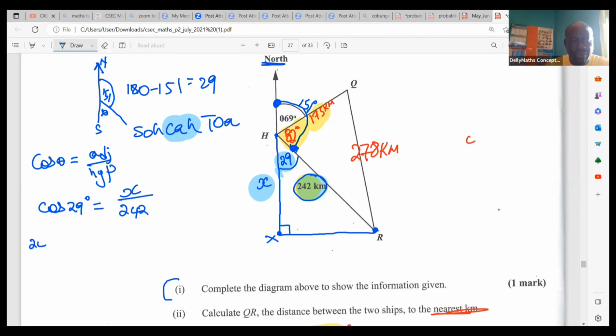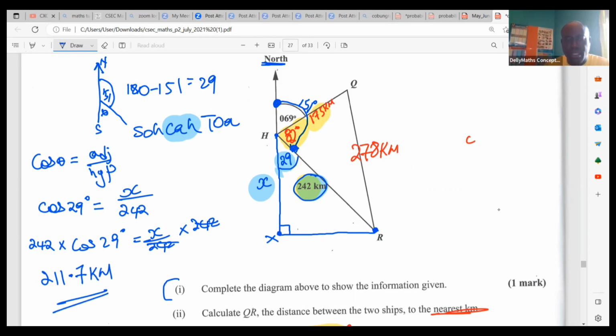Well, we're going to have 242 times the cos of 29 degrees, and this is going to equal X over 242 times 242. As you could see here, 242 cosine of 29 is going to give me 211.7 kilometers, right?